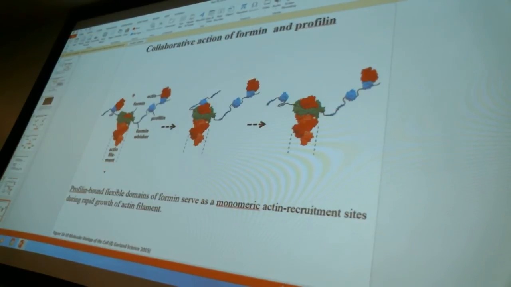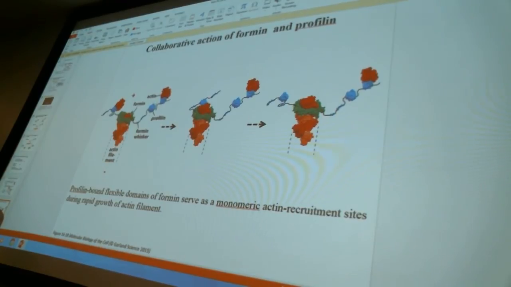Here's the crystal structure, or rather a model from the crystal structure, of this kind of setting where a growing actin filament is interacting with a part of the formin. This is the FH2 domain. These are so-called whiskers, where the rest of the other domains are sitting.